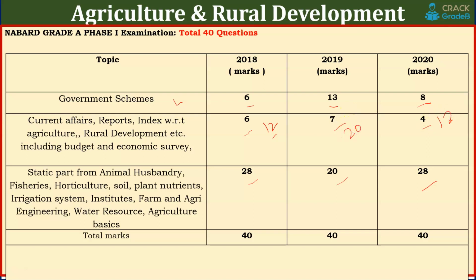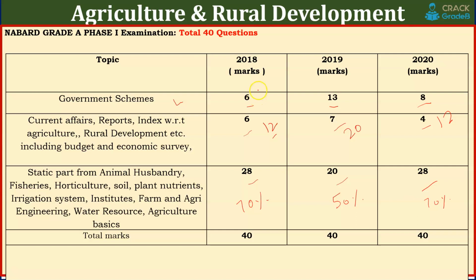So on average we can consider that this year 70% is from technical and static agriculture, similarly 70% here, and here only 50%. So approximately 65% we can consider on average. So you have to prepare accordingly, that most of the questions are asked from the static part in the agriculture and rural development chapter.